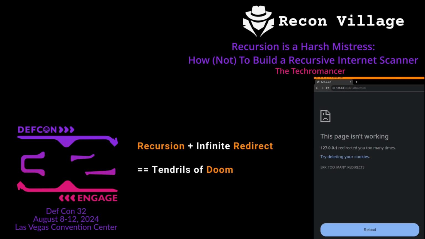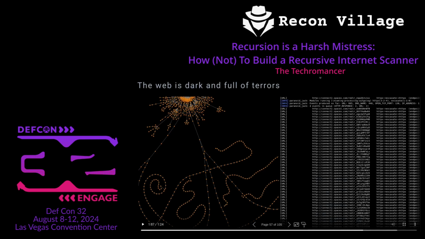But in this case, we had a redirect that when you followed it, it would generate a new random URL and redirect you to that, which when you visited it would redirect you to another random URL. So basically, it would just go on forever. If you visited that in Chrome, it would give you the error, too many redirects. You might have seen this in the past. But if you scan that with a recursive tool, and you don't handle that edge case, it's going to produce giant tendrils of doom, and it's never going to stop.